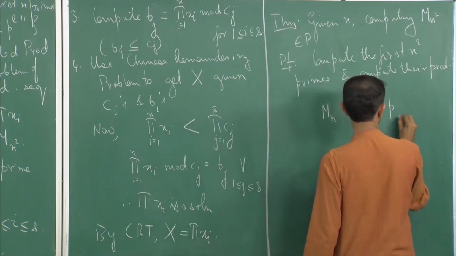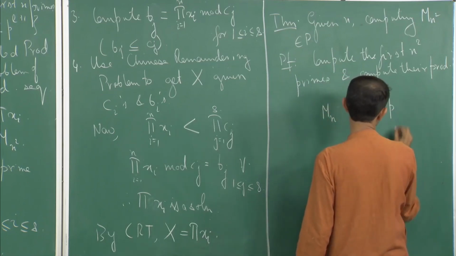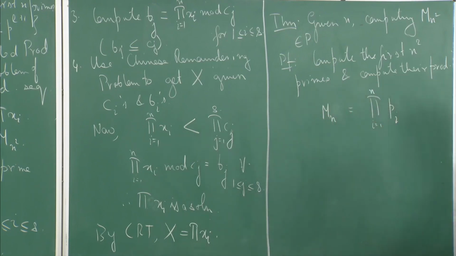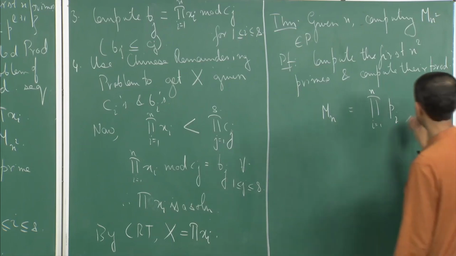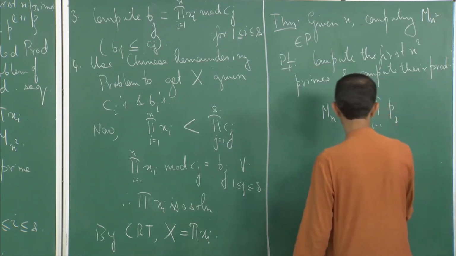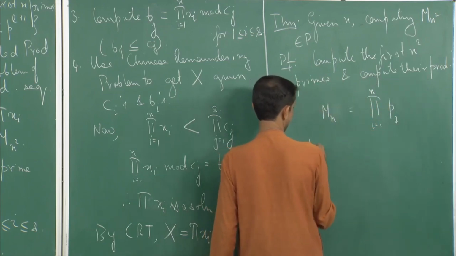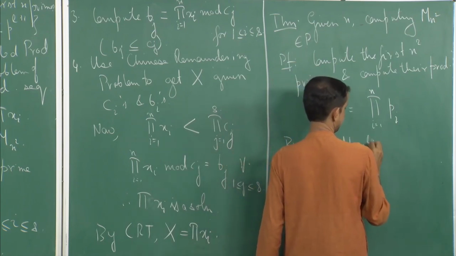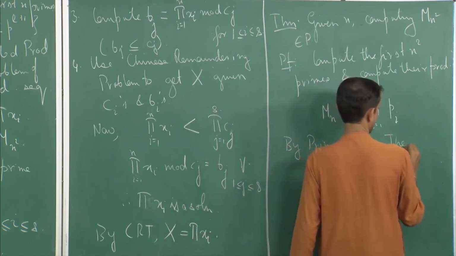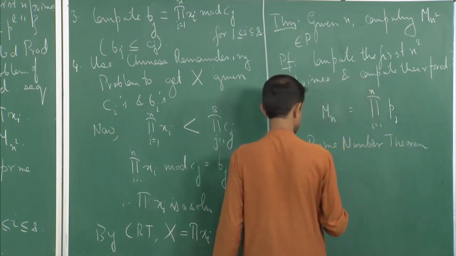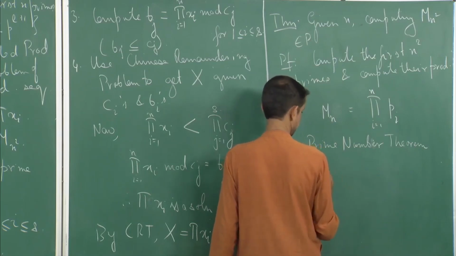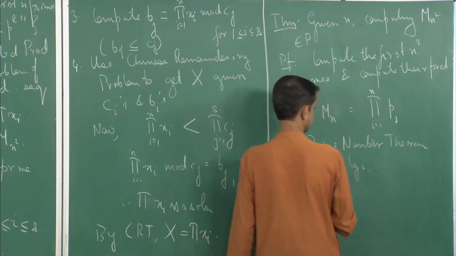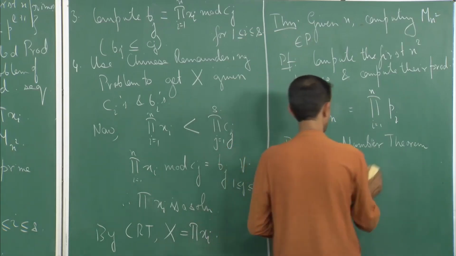So Mn is the product of pi, i going from 1 to n, where pi is the ith prime, and what we know by the prime number theorem is that pi is at most some C i log i.